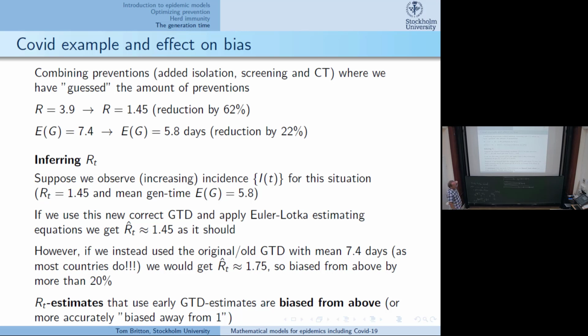So if the true R0 is, let's say, 3, our estimate when we make the incorrect choice of generation time distribution will be biased from above, so maybe we estimate it to be 4. On the other side, if we're in the subcritical case, it will also be biased away from 0. So if the true value is 0.9, maybe we will estimate it to be 0.8.